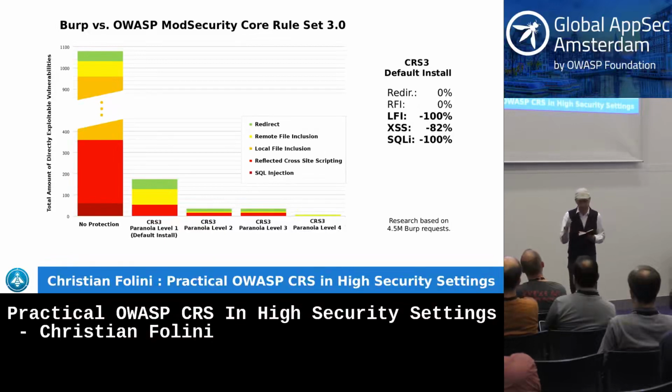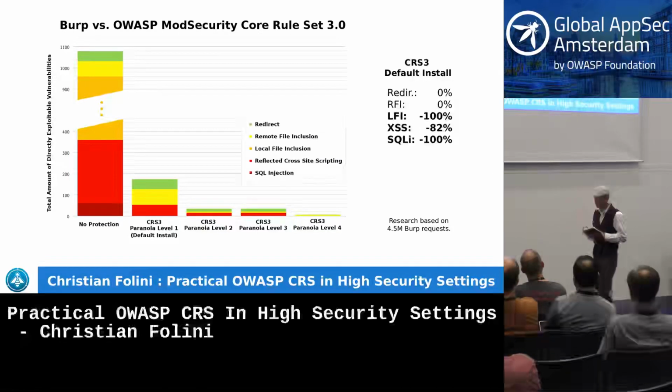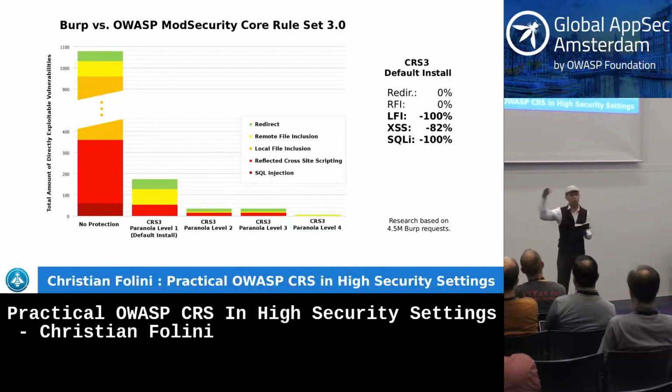Good. So a smart attacker, if she's really smart, is able to work around the default installation. We need additional rules to catch these attackers, and these rules come into the higher paranoia levels. We start out with 150 and grow to 200 rules when we raise the paranoia level to 4.